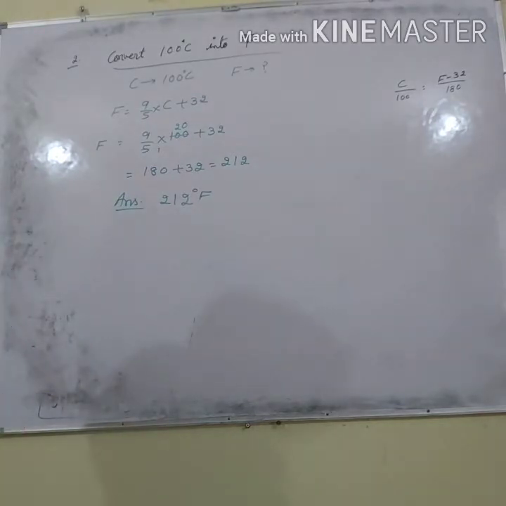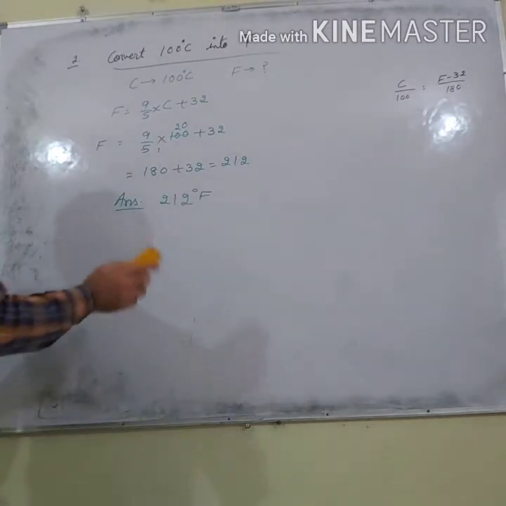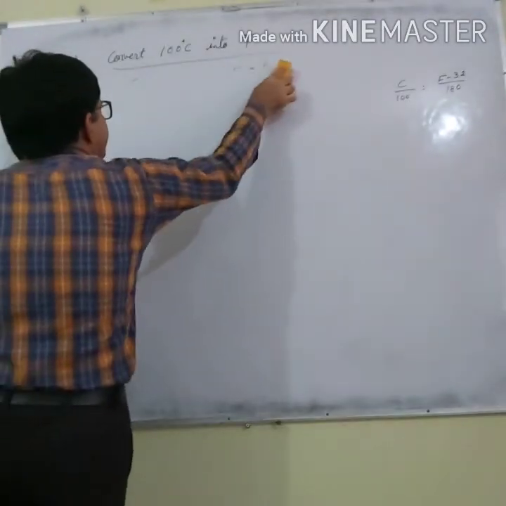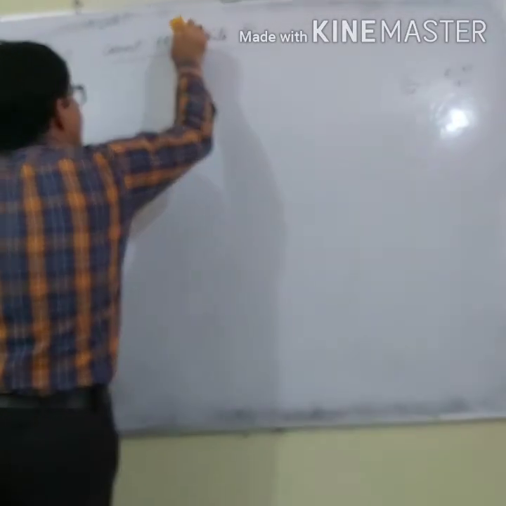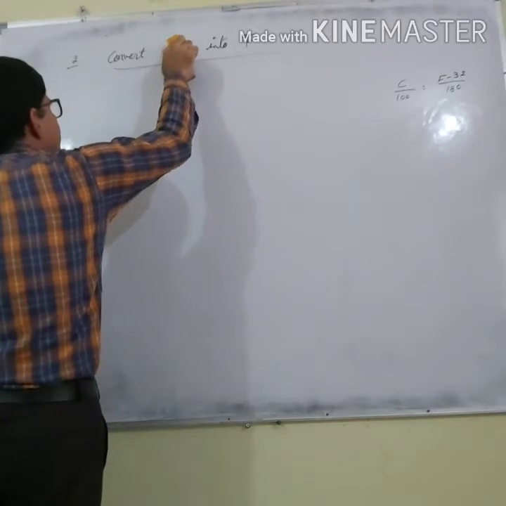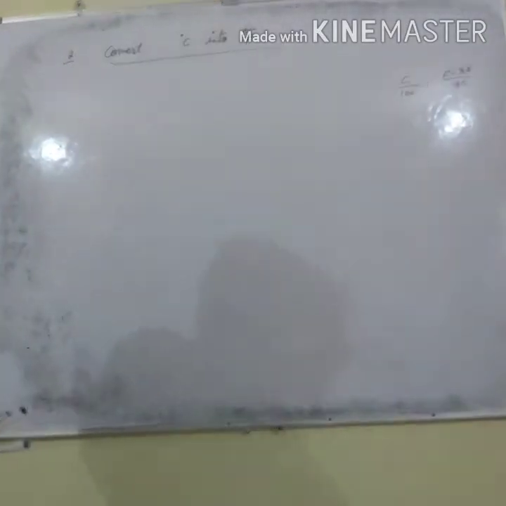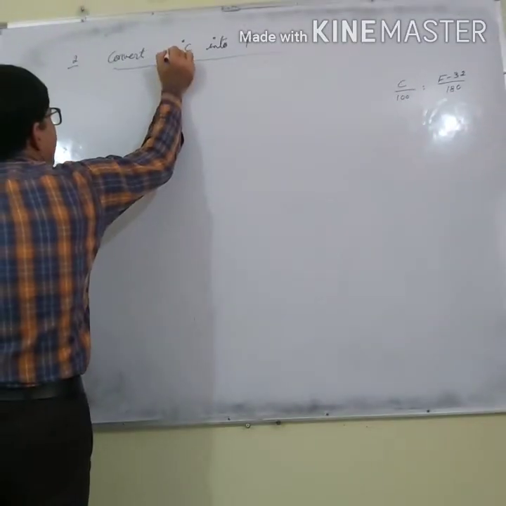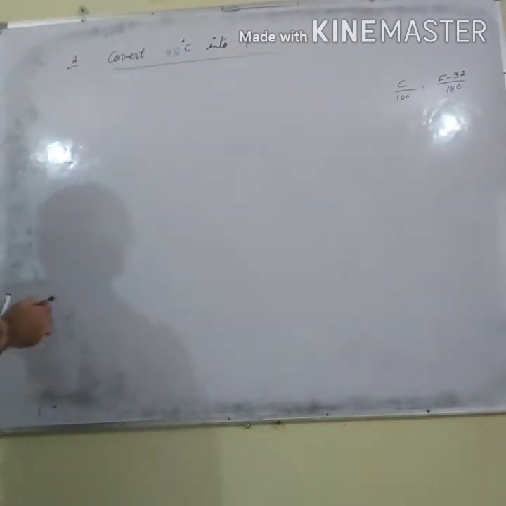Okay. Let's do one more question. Right? So simple. You can pause the video and then you can do the calculation. Now my next question is, convert 45 degrees Celsius into degrees Fahrenheit.